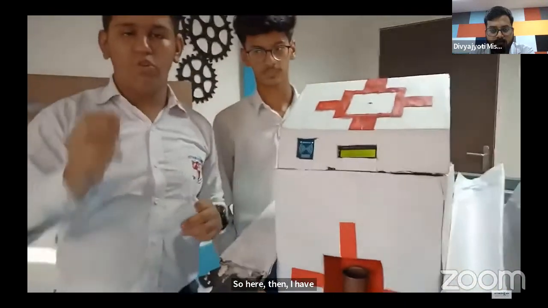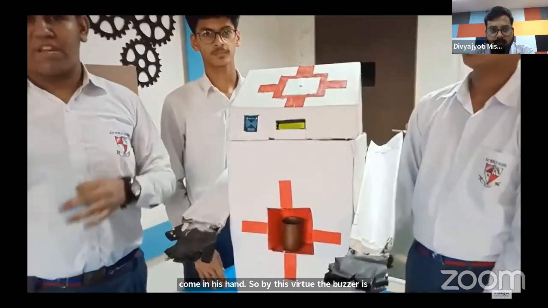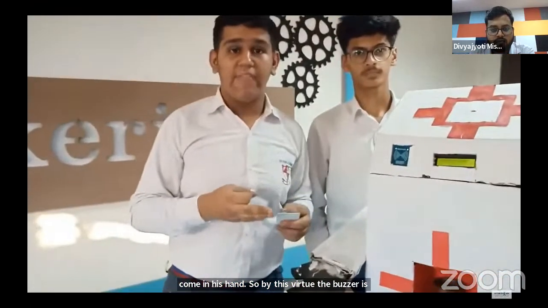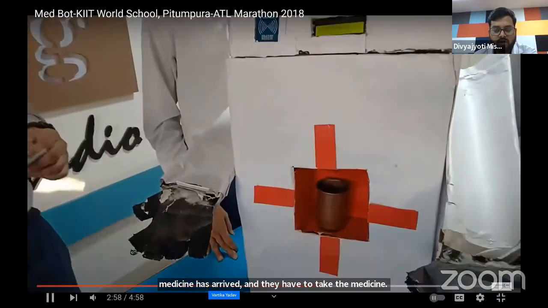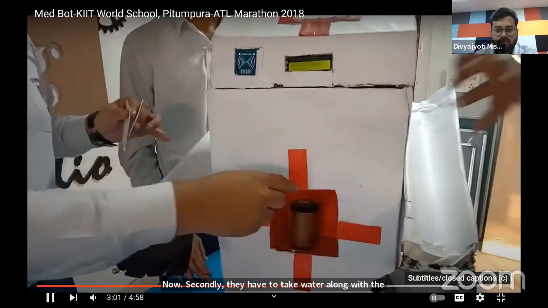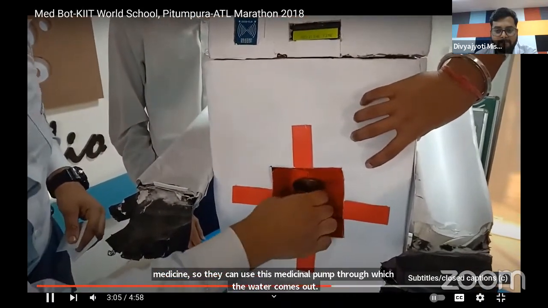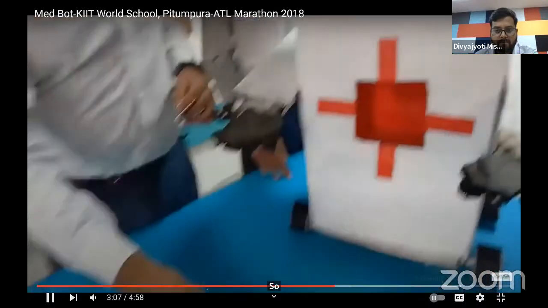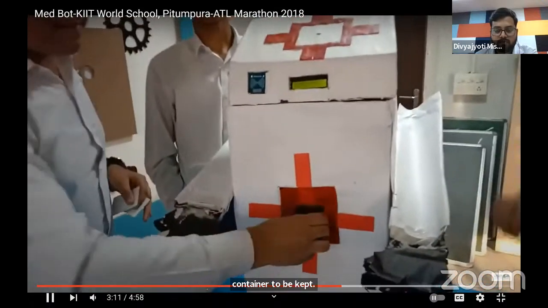So by this virtue, the buzzer acts as a message to the patient that the medicine has arrived and they have to take the medicine. Now secondly, when they have to take water along with the medicine, so they can use this medicinal pump through which the water comes out. So as you can see, the water has arrived in the container that would be kept in this slot to take the water or the liquid medicine.